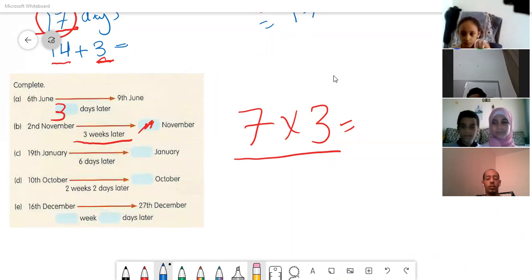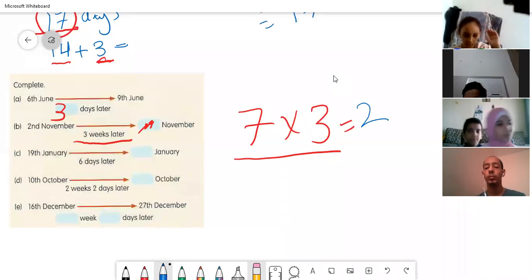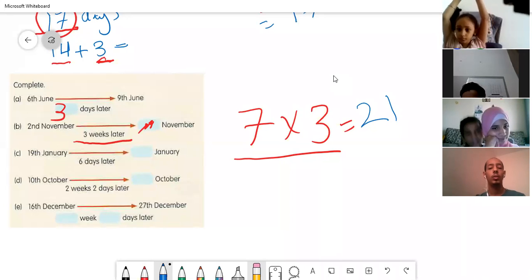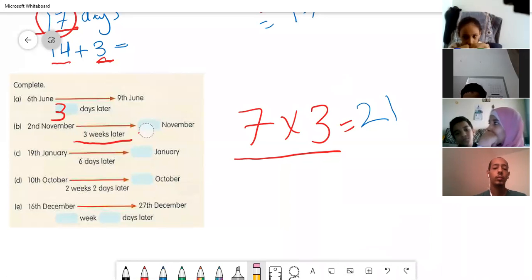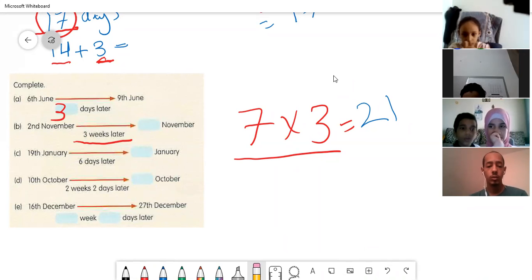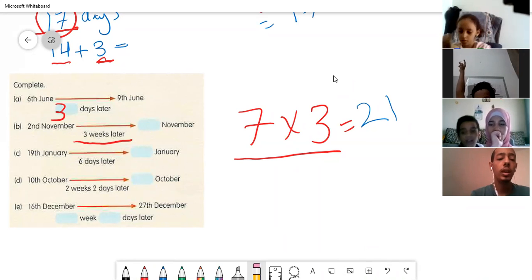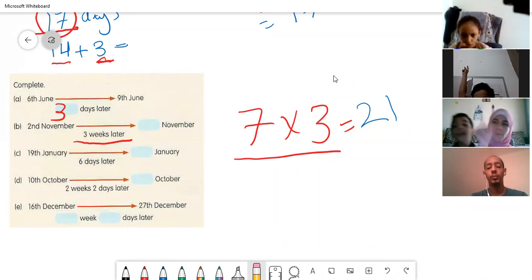See, that's 21. 7 times 3 is 21. So how many days? 21 days. So what will be the date 3 weeks later from the 2nd of November? No, why June? The month, no. You said it is 21 days.